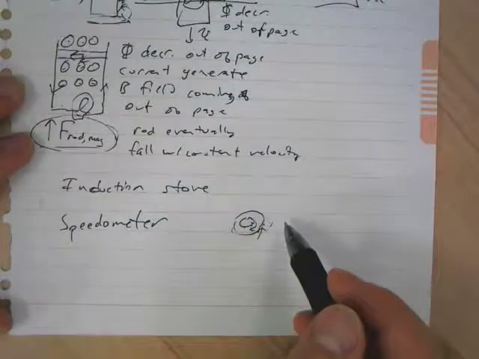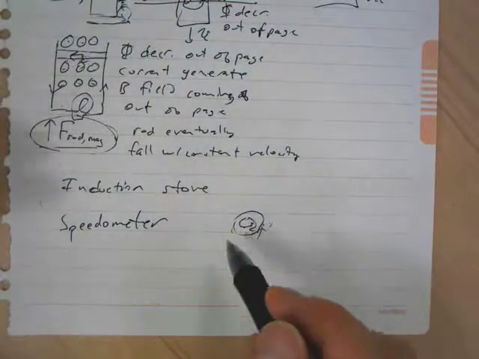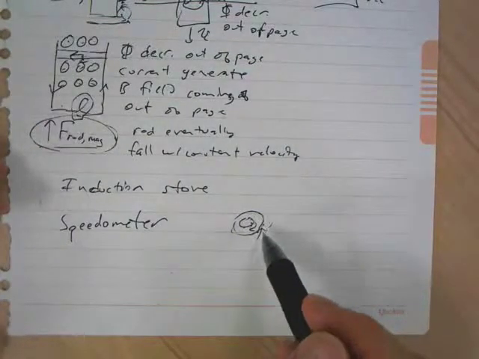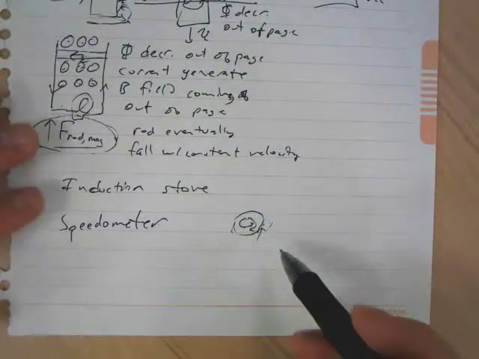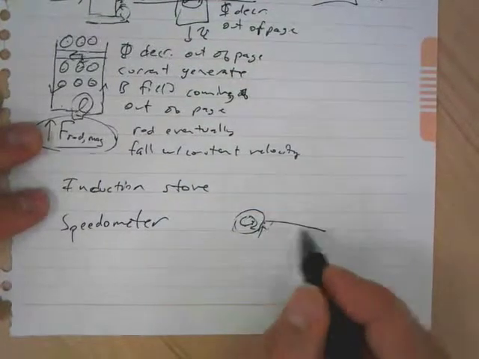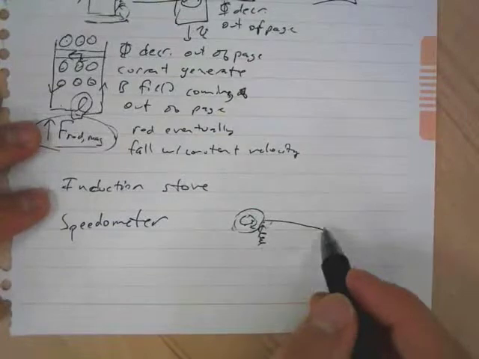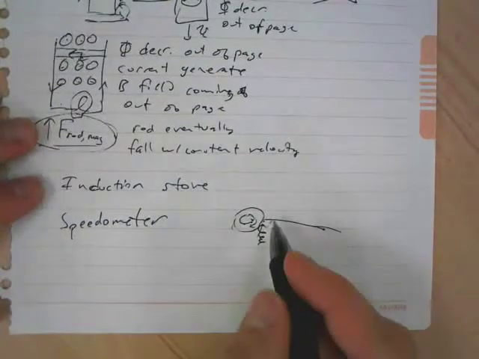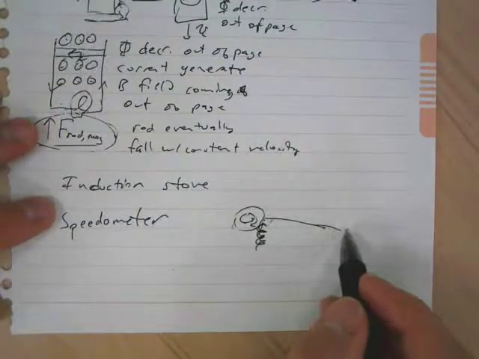Then there's a magnetic force on it, and the magnetic force on it causes it to start to spin. But then this spring is situated to stop the spinning, and then there's this needle on the speedometer that points to whatever the speed is.